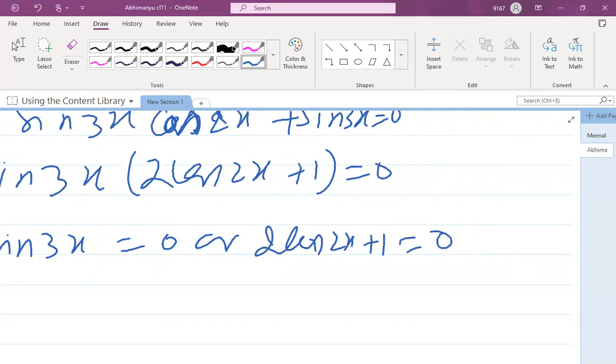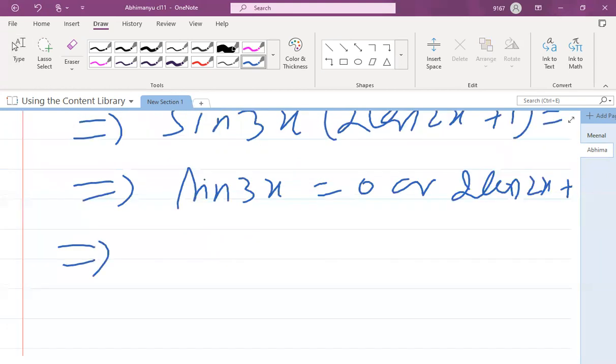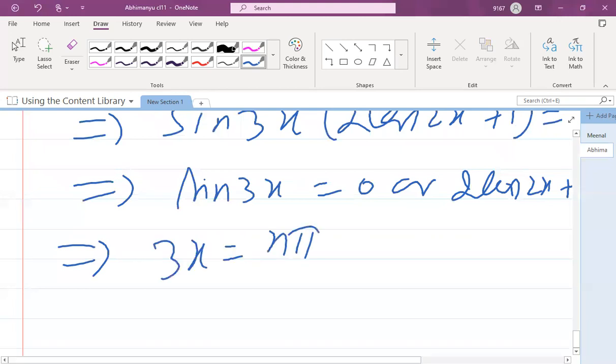So here, from here we have sin 3x equals to n pi. From here x equals to n pi upon 3.